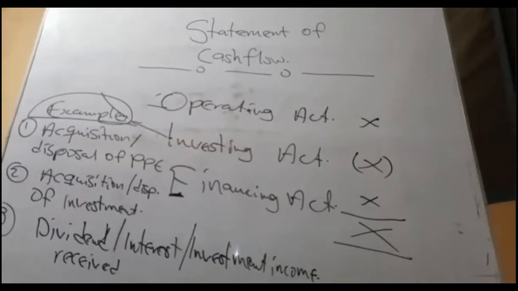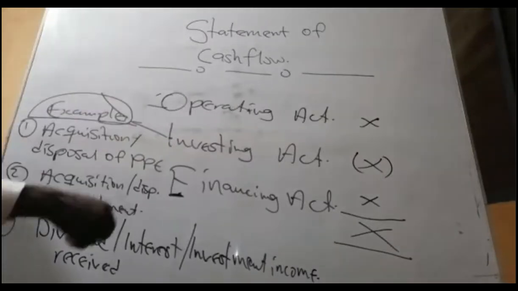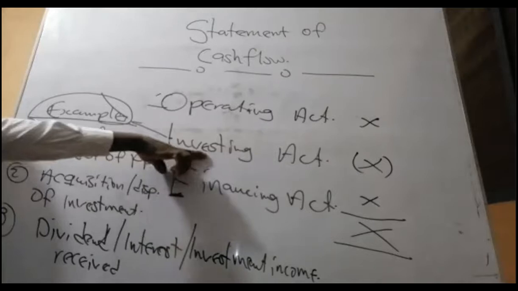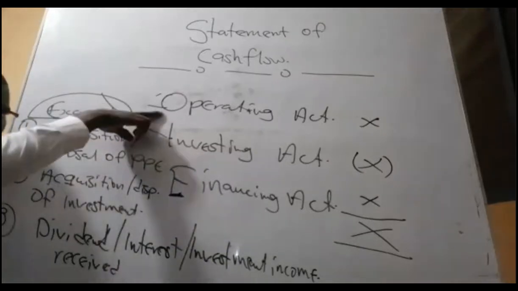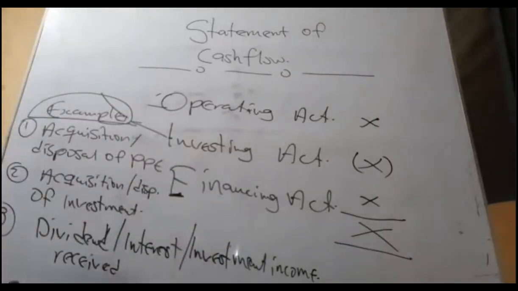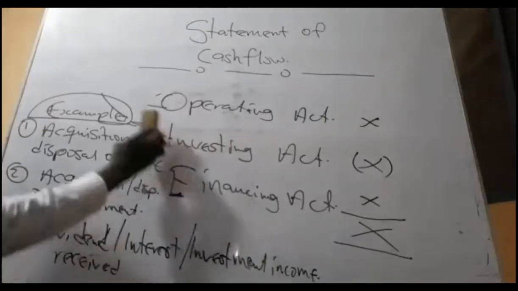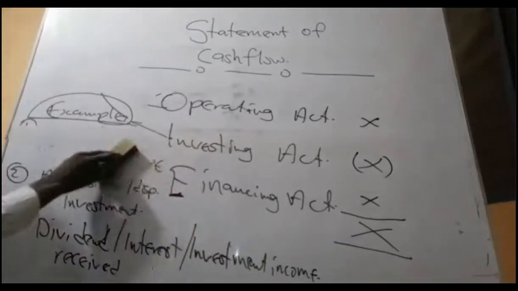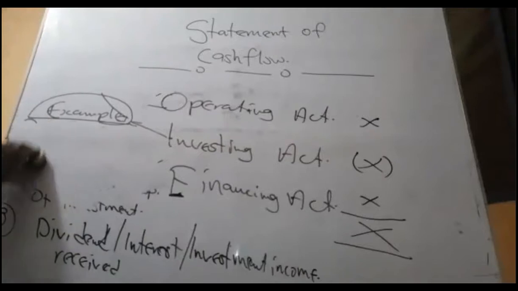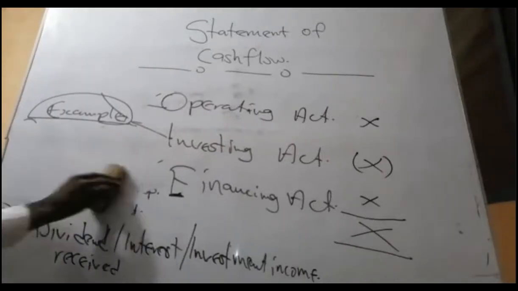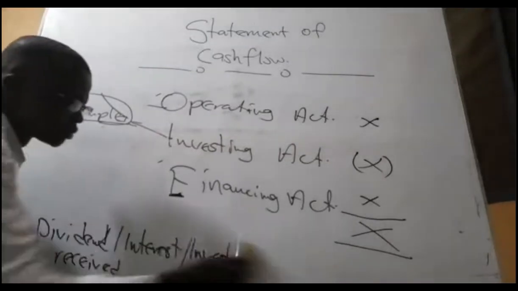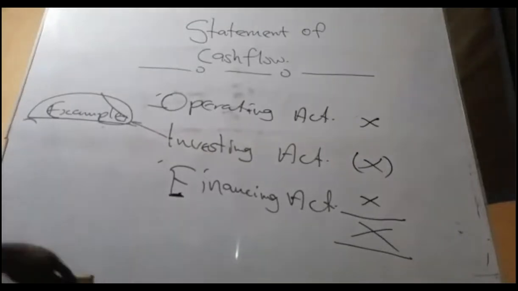Let's go to financing. The financing activity talks about where you get the funds to finance the acquisition of the non-current assets and your operation, your core activity. Examples of financing activity include raising of long-term capital.